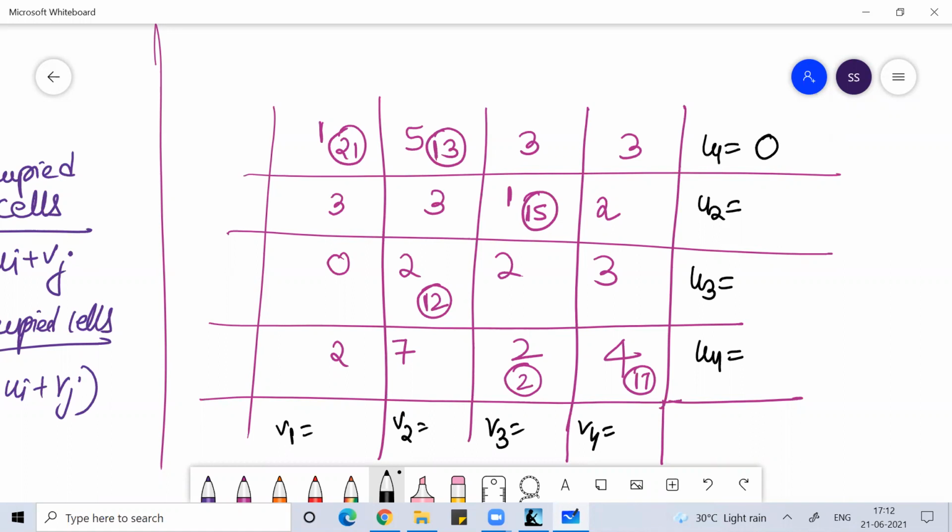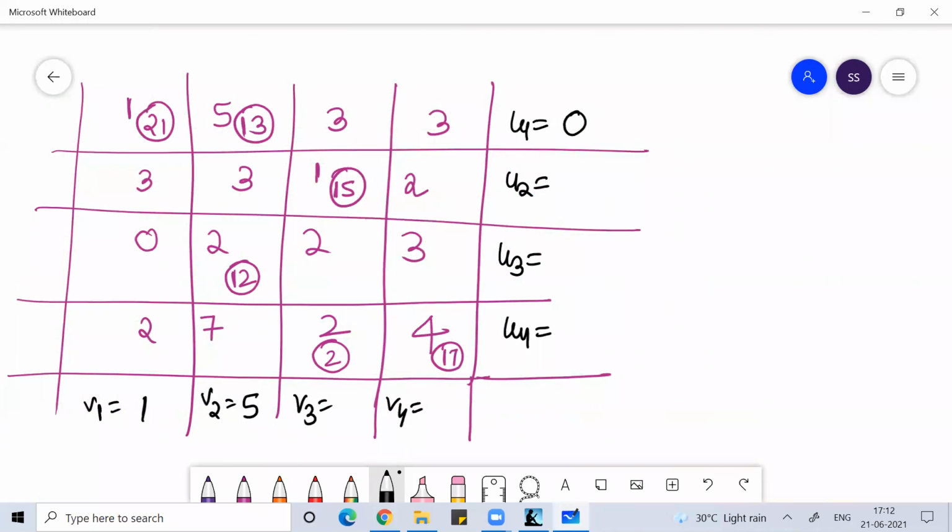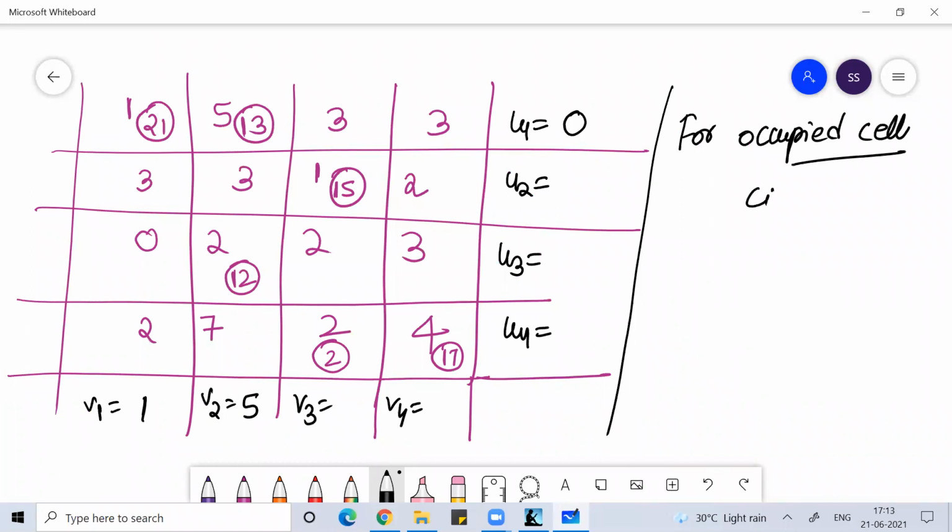Let u1 be 0, so this will be equal to 1, this will be equal to 5. You know that for an occupied cell our formula is Cij equal to ui plus vj. We'll use that formula for occupied cells to find the values u1, u2, u3, u4, v1, v2, v3, v4.